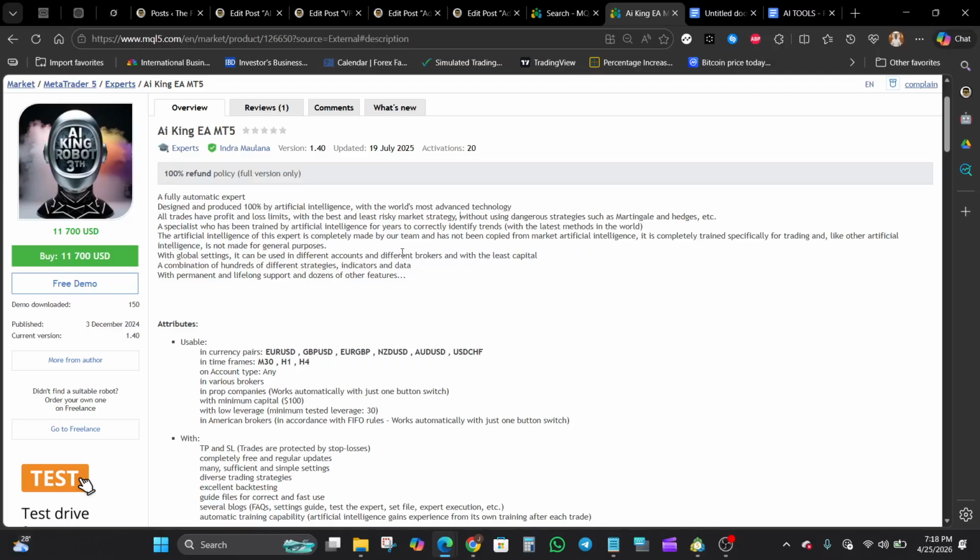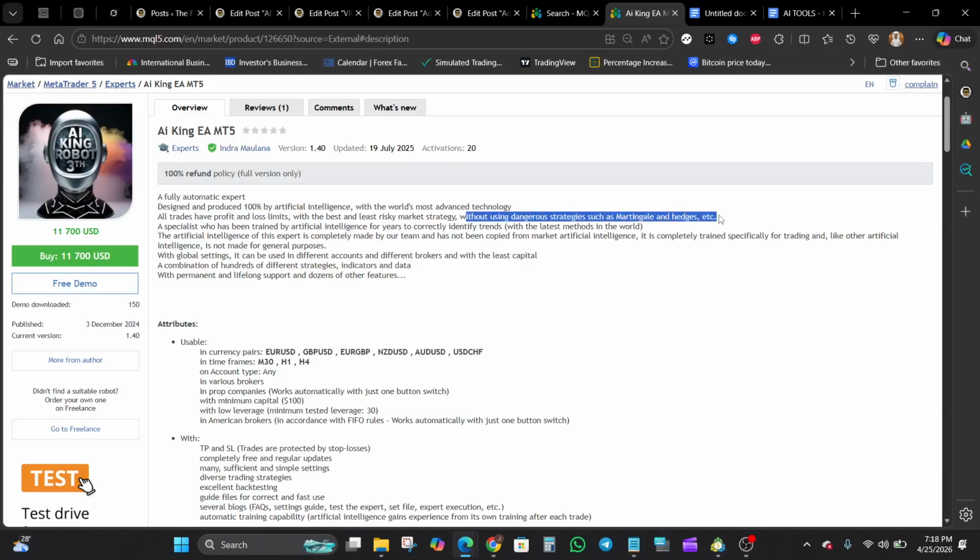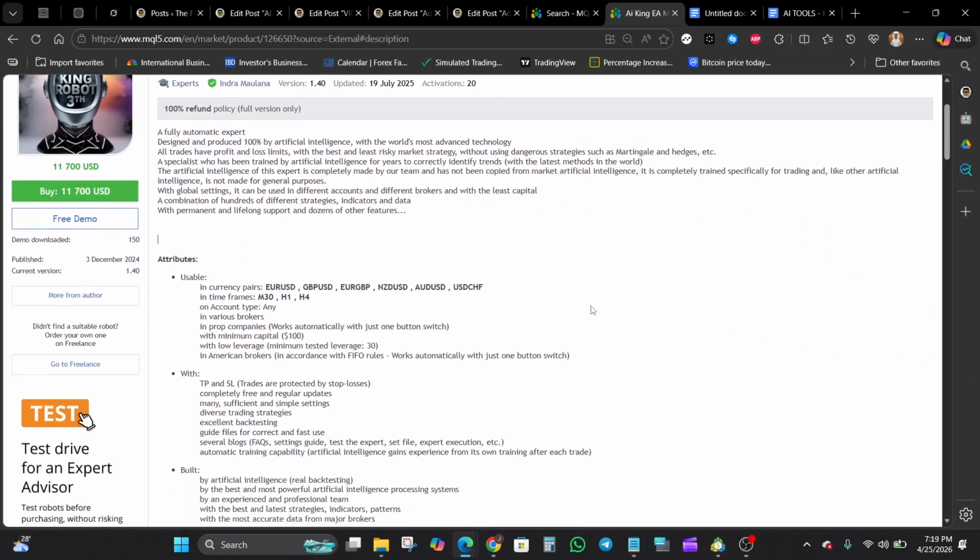The developer also emphasizes that it avoids martingale, hedging, and grid strategies, which suggests that it is designed to operate with controlled risk per trade rather than recovery based methods. It's also said to adapt across multiple pairs and time frames, which implies a multi-strategy or adaptive logic system, something that we'll get a clearer picture of during backtesting.